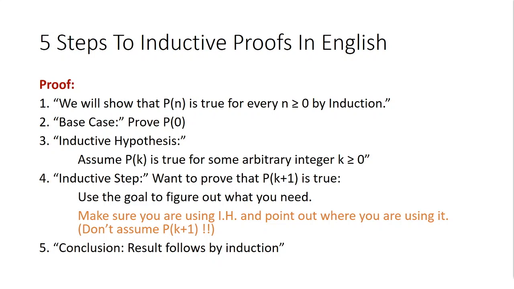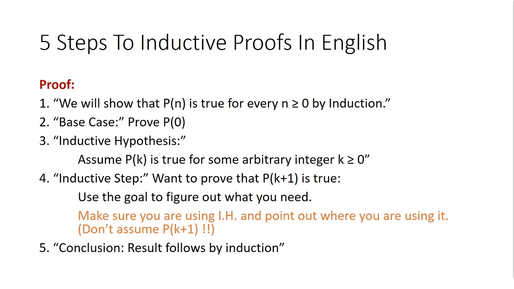That's right. We try to do this by induction. And the next step, we have to find the base case. The base case is P of 0. We need to show whether this is true first. So we prove that this is true.